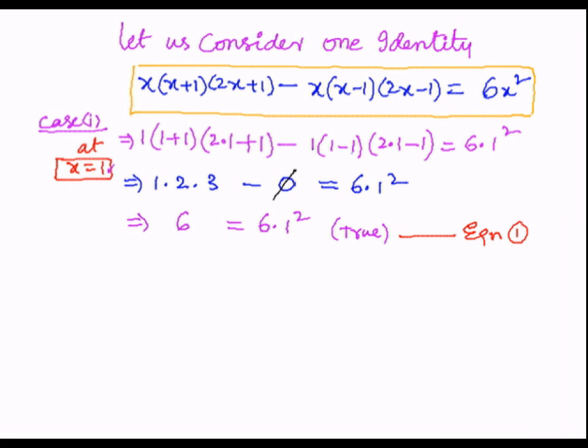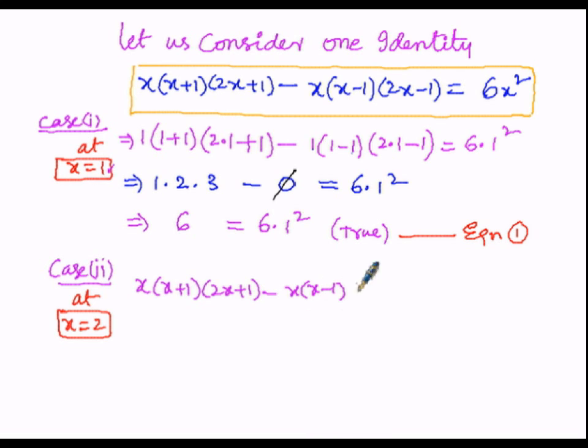Then now in case number 2, at x equals 2: x into x plus 1 into 2x plus 1 minus x into x minus 1 into 2x minus 1 is equal to 6x square.